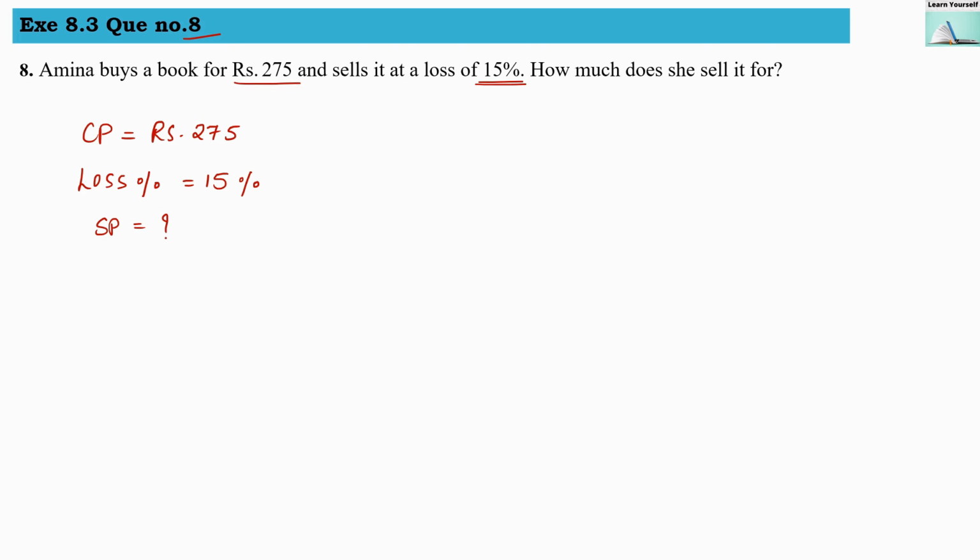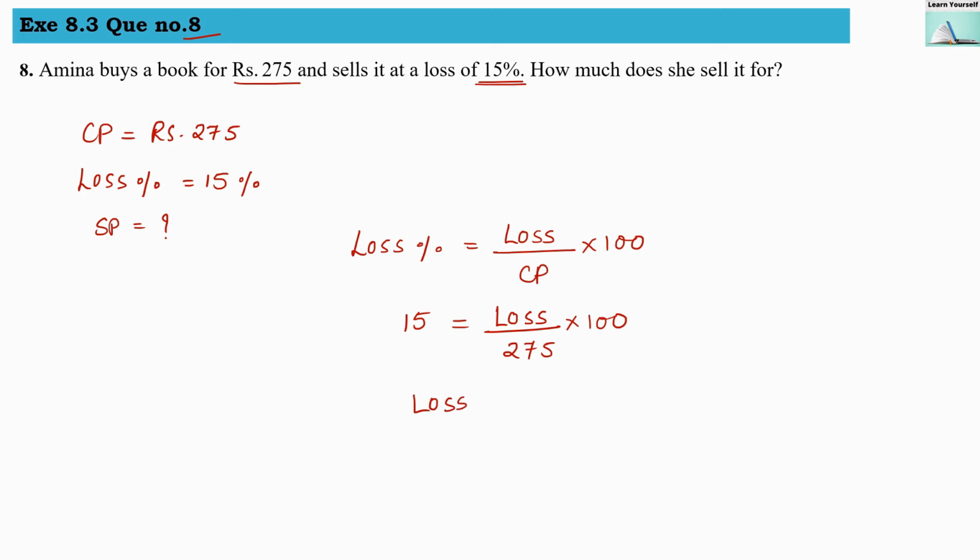So let us use this formula: loss percentage equals loss divided by cost price multiplied by 100. So loss percentage is 15, loss we do not know, and cost price is 275, multiplied by 100. So loss will be equal to 15 into 275 divided by 100.